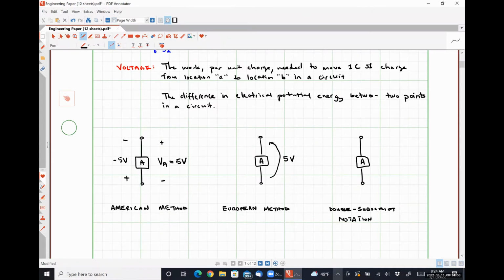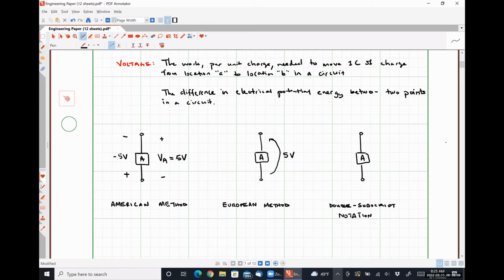So in a double subscript notation, each of the terminals of the element in question is given a label. So I could call this terminal 1 and terminal 2. And so if I said V1,2 is equal to 5 volts.